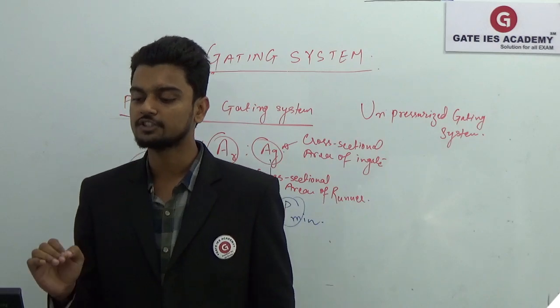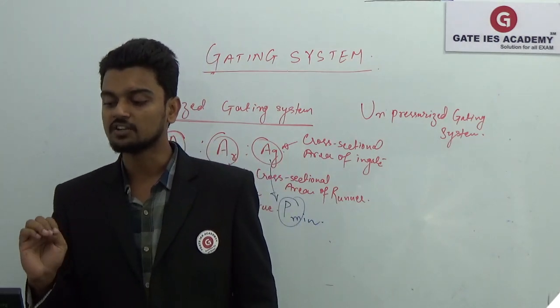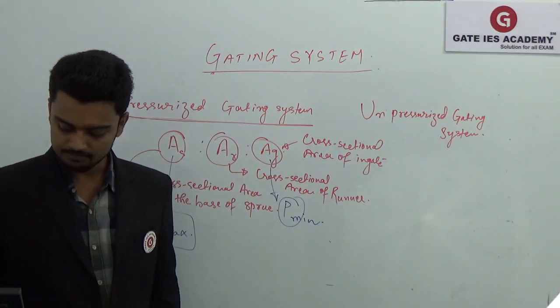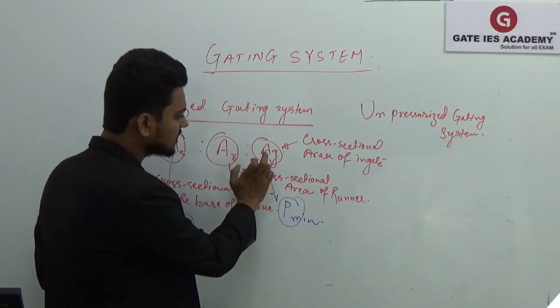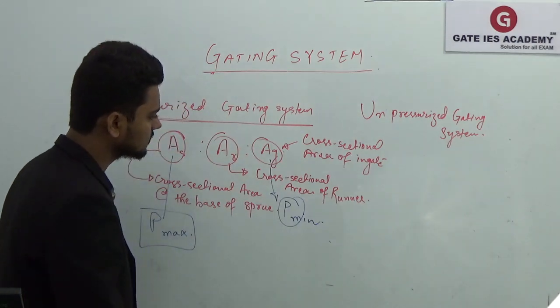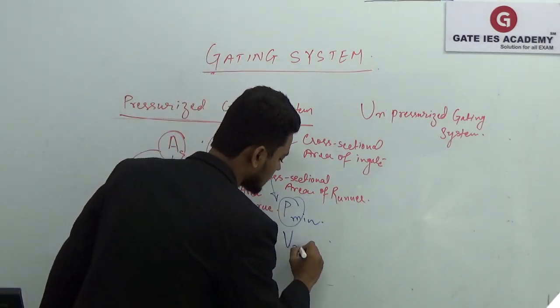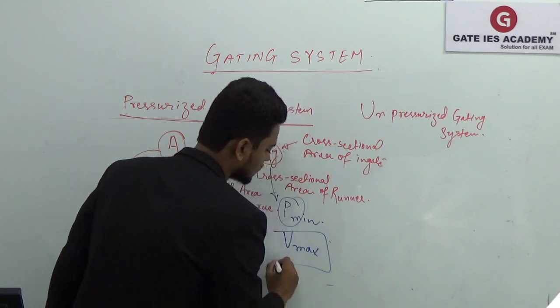Then, high velocity leads to more turbulence and chances of mold erosion. The problem here is that we have the minimum area at the gate and the minimum pressure, but at that point we will have the maximum velocity of the molten metal.